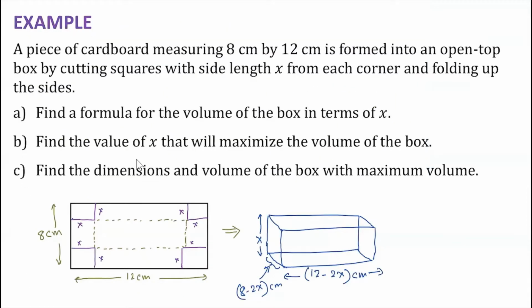Now in part C, we have to find the dimensions and the volume of the box with maximum volume. We have the value of x, so the dimensions will be 12 minus 2x, 8 minus 2x, and x.